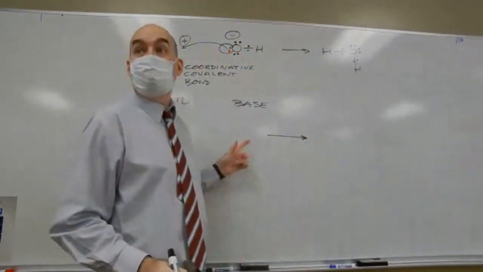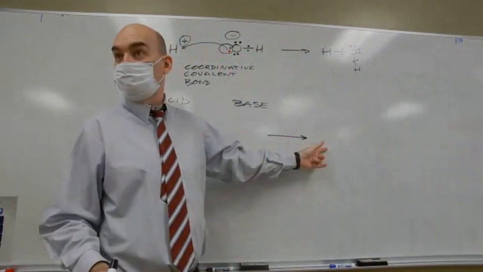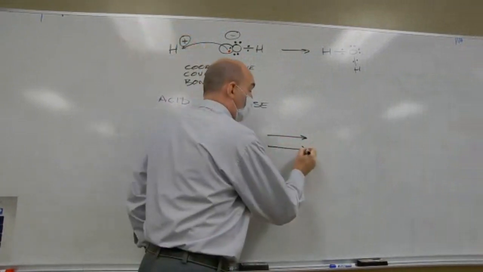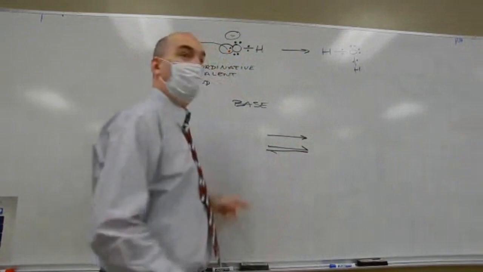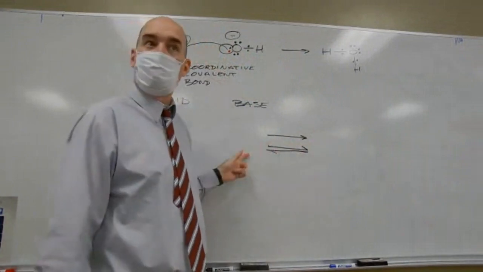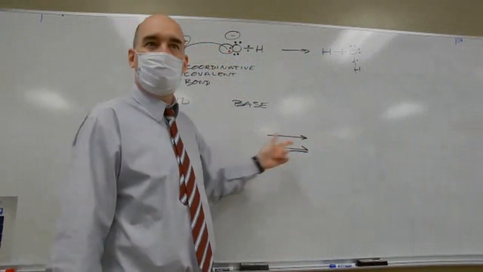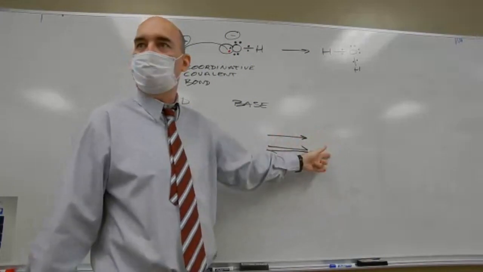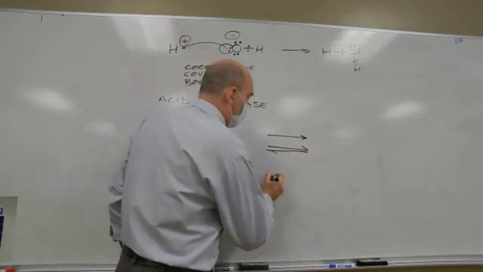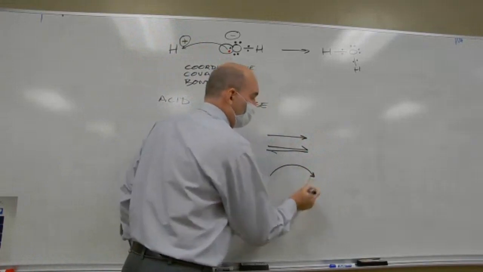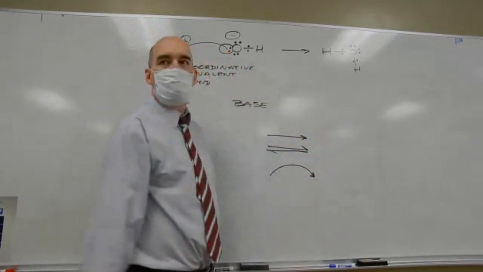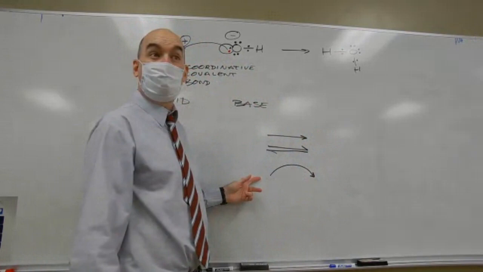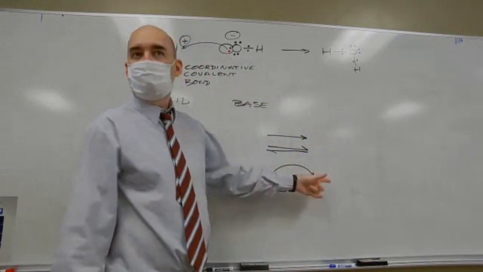A straight arrow turns reactants into products. An arrow that goes forwards and backwards says this is a reversible reaction, and we would be expecting equilibrium in our reactant to product mix. This is motion of two electrons, and it comes from the base to the acid.